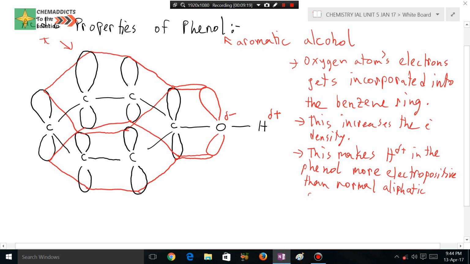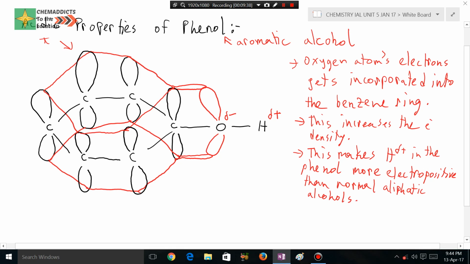Aliphatic alcohols. Okay, now it's right. So this makes H delta plus in the phenol much more electropositive than normal aliphatic alcohols.